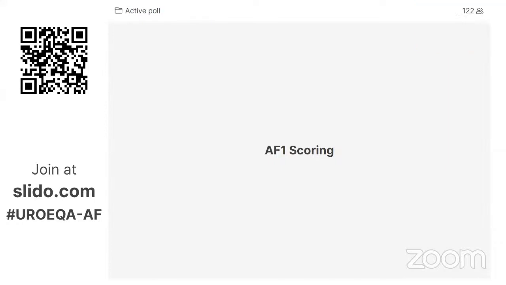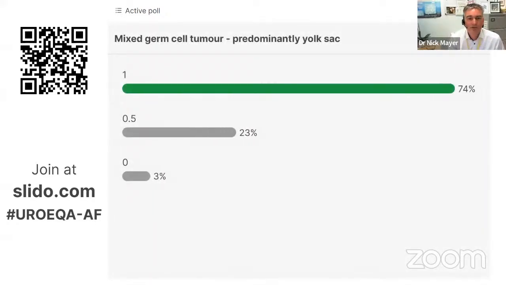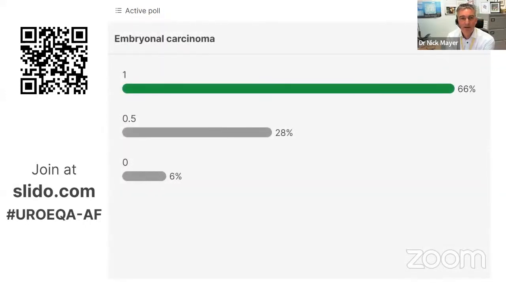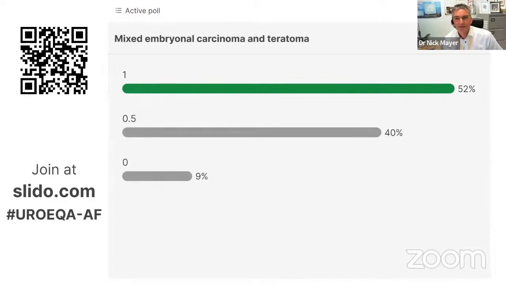Come on then, let's go and see what they've scored. Let's see what we think then. So predominantly embryonal gets 1. Mixed germ cell tumour, predominantly yolk sac, is 1. Embryonal carcinoma is 1. Yolk sac post-pubertal is 1 just. Mixed embryonal and teratoma is 1.